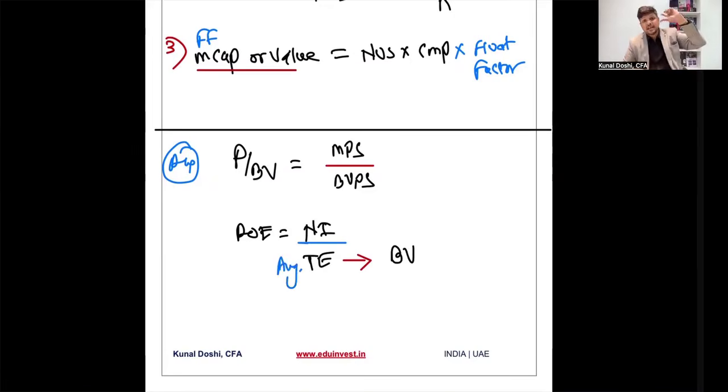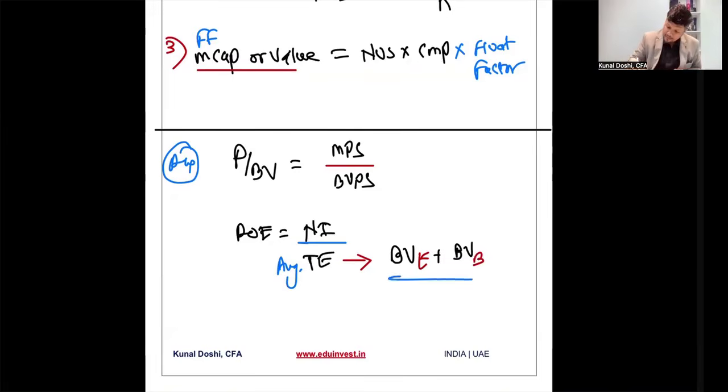Why? Because we're comparing an income statement with a balance sheet. So in the ratio, whenever you compare income statement with balance sheet, you always take average. But for average, I need the ending book value, and I need the beginning book value also, isn't it? Book value, I will repeat, is nothing but the equity value of the company based on its balance sheet.